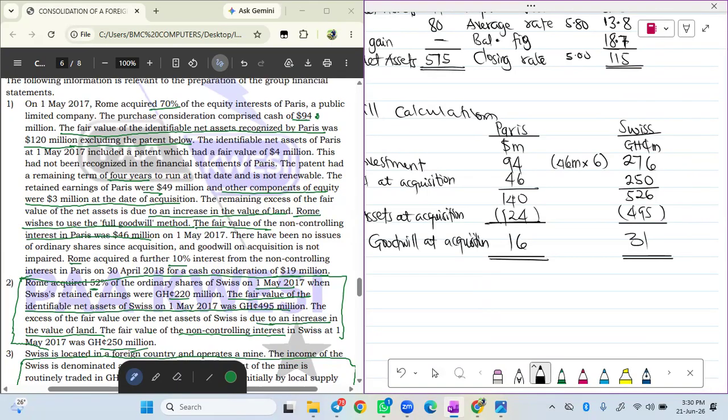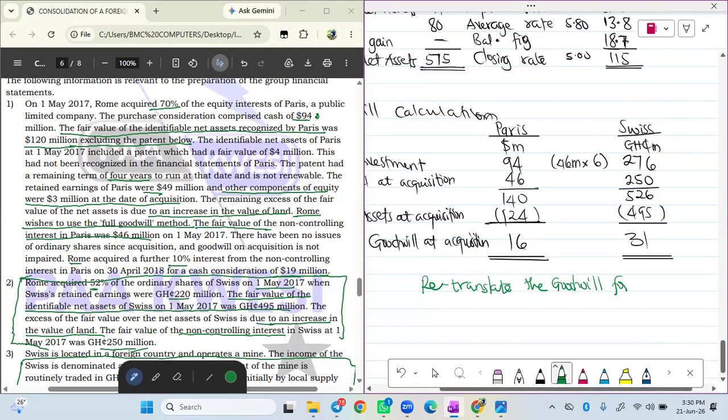Right? But you can't add total goodwill. Why? Because Suez is in what? Swiss currency. So we have to retranslate the goodwill for Suez. There was no impairment, so goodwill at acquisition will be the same as closing goodwill, or goodwill at reporting, right?